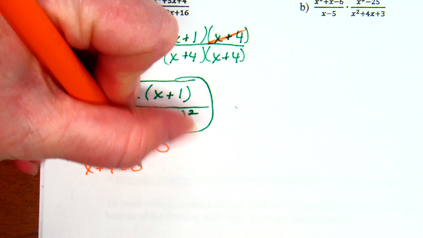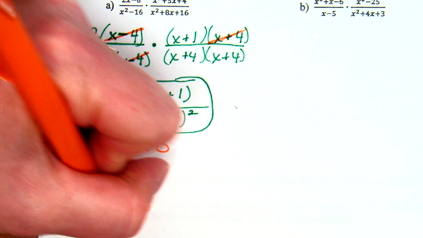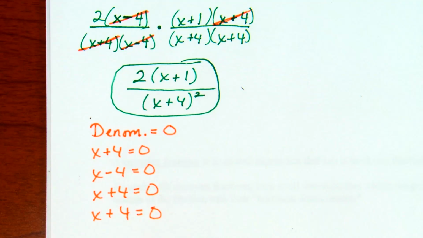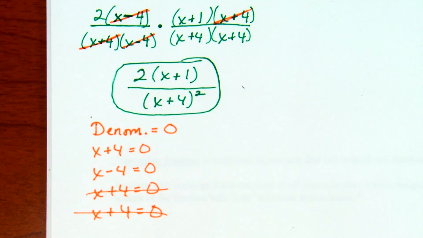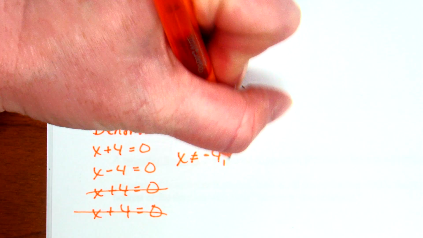We had another x plus 4. And another x plus 4. Those are all my denominators, yes? I kind of went overkill. Did I really need to write all 4 of those? No. Once you write 1 x plus 4 equals 0, you don't really need to write the 2 others. Again, I'm just trying to make points here, okay? So what can x not equal? 4 and negative 4.